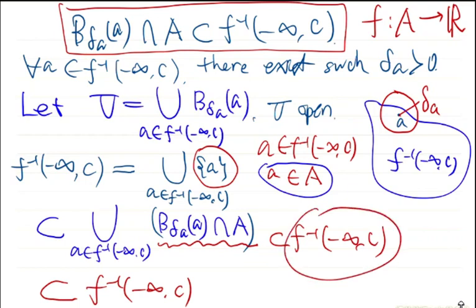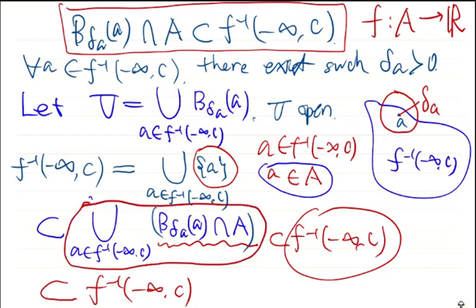So the union of the family must also be a subset of the same set. So we see that the pre-image of minus infinity, c is contained in this union. And in turn, this union is contained in the same pre-image, which implies that this union is exactly equal to the pre-image. Okay, remember this. I will write this on the next page.